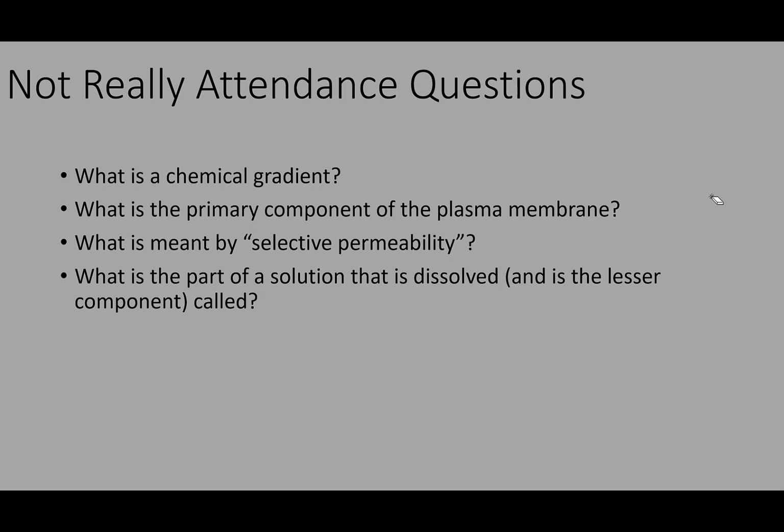And there are some things outside the cell that need to be able to get in. And the cell membrane allows that to happen. It keeps the things out that have to stay out, but it allows the things that need to come in. And the ways that it does that, there's lots of different ways. But the fact that it can do that is called selective permeability.